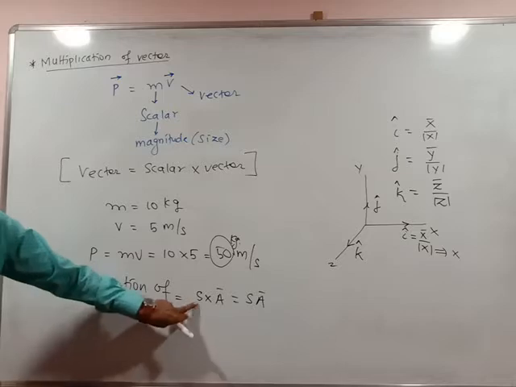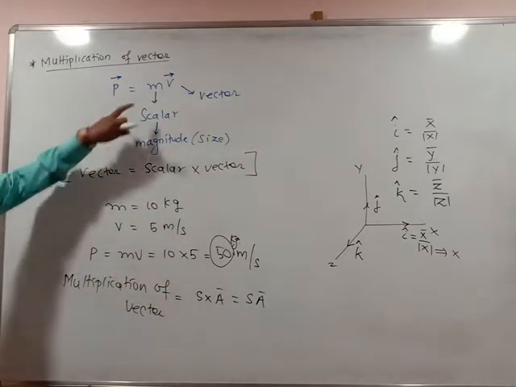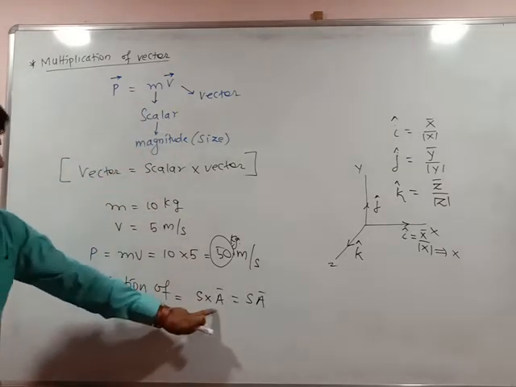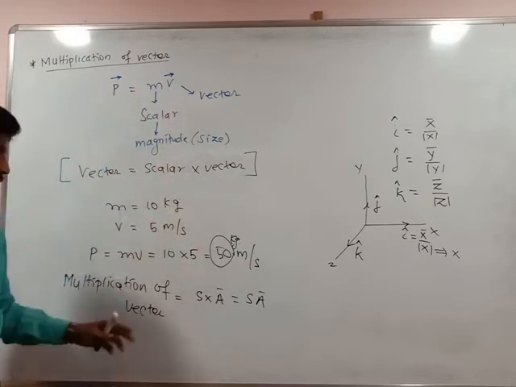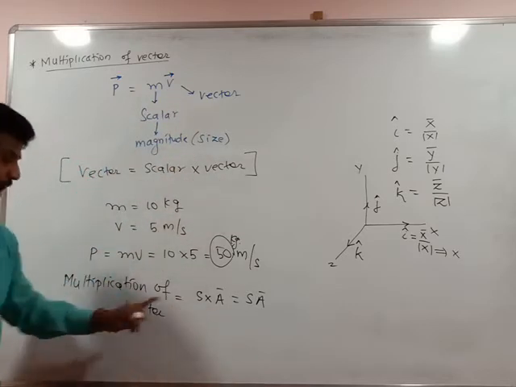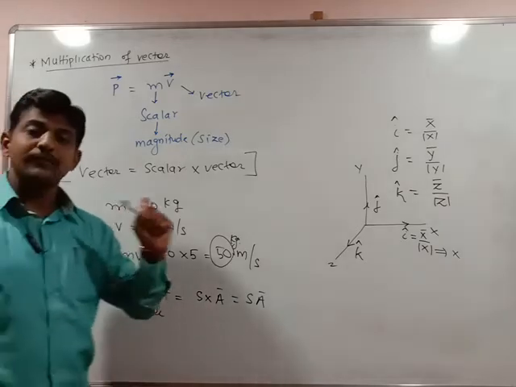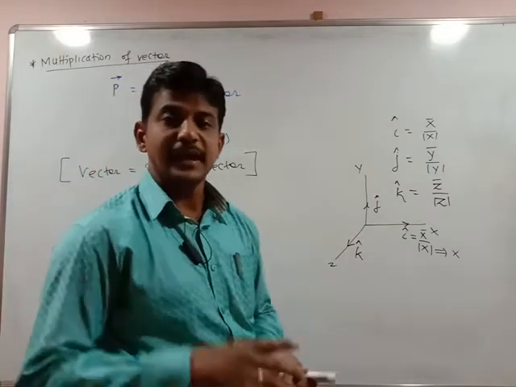What is s? s is a scalar quantity and a bar is a vector quantity. So scalar into vector gives a vector, but the magnitude of that quantity is increased.